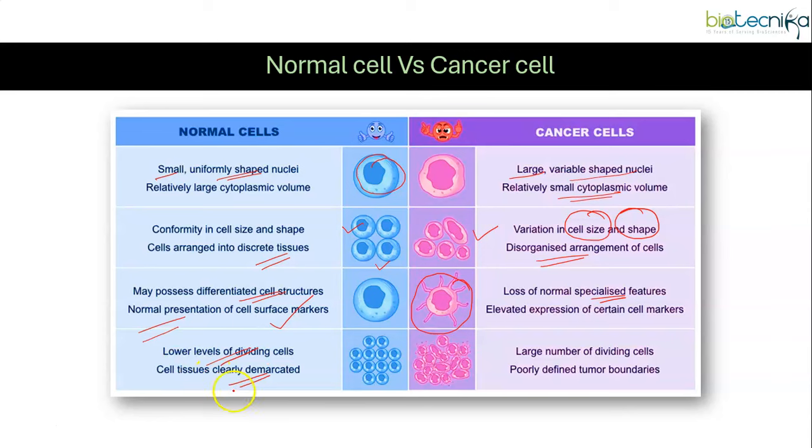That means they have defined boundaries beyond which they will not go. But cancer cells have a large number of dividing cells with poorly defined tumor boundaries. So now you have got clarity regarding how a normal cell is different from a cancer cell.